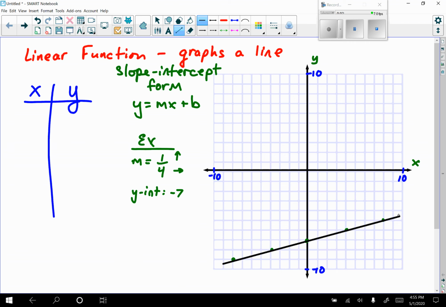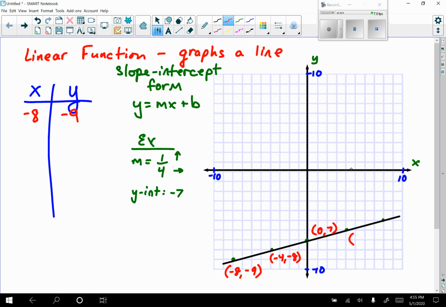Right here. So from this, I have this ordered pair right here looks to be -8, -9. So now I'm going to go ahead and fill in my x value is -8, and then my y value is -9. So this is the point -8, -9. My next point looks like I'm at -4, -8. Right here in the middle is 0, -7.